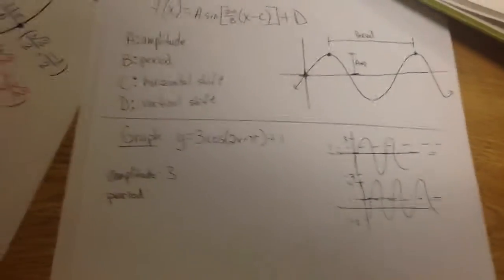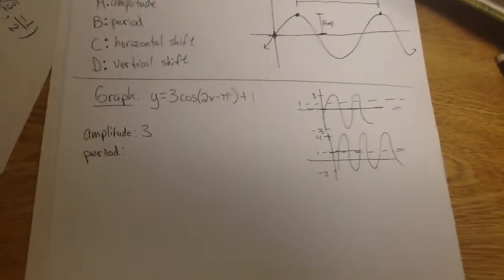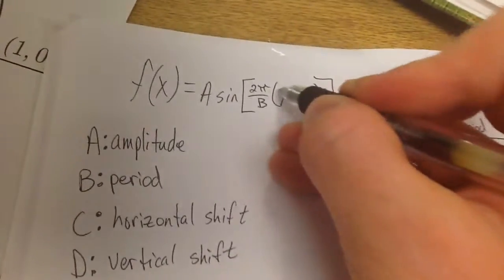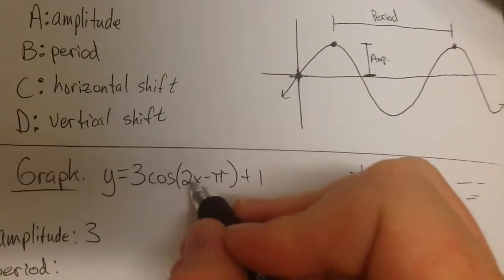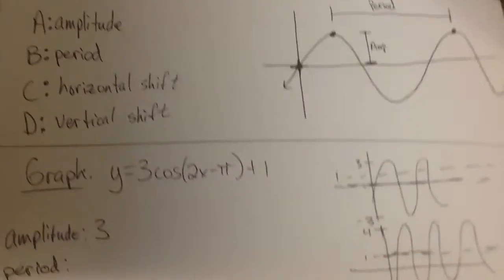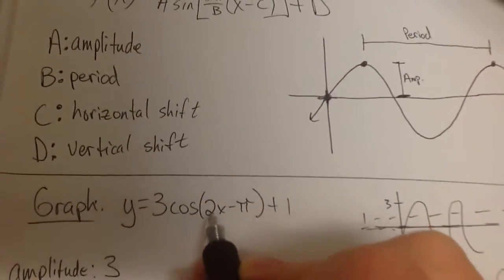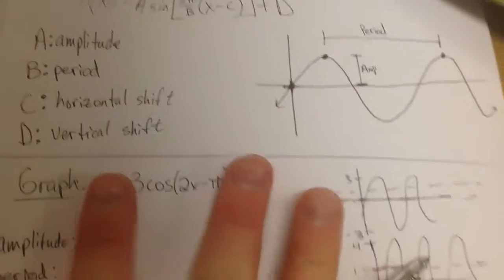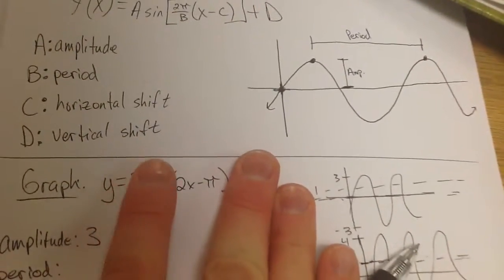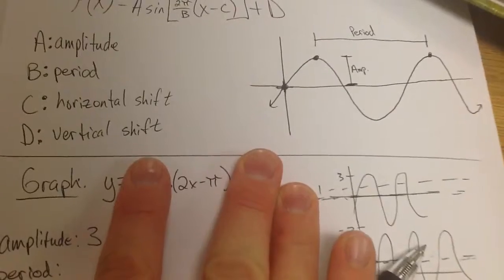This is the weird part, which up until looking in this book, I've never seen it done this way, but this makes it way easier. They gave you in parentheses just an x minus c. There's no number in front of the x. This has a number in front of the x. So the way they take care of that here is to factor out that number in front of the x. Just look at that piece, and now I have 2x minus pi.